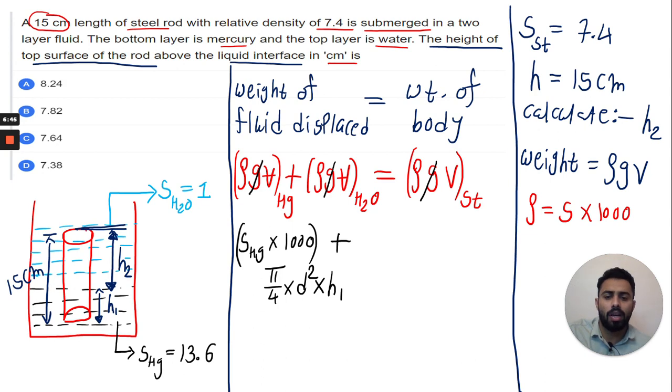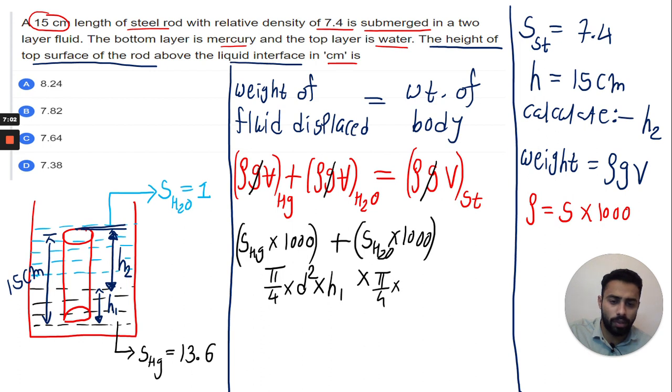plus same, S of H2O multiplied by 1000, means this is the density of water, multiplied by the volume displaced by the cylinder. कौन सा volume? Volume of water displaced by the cylinder.